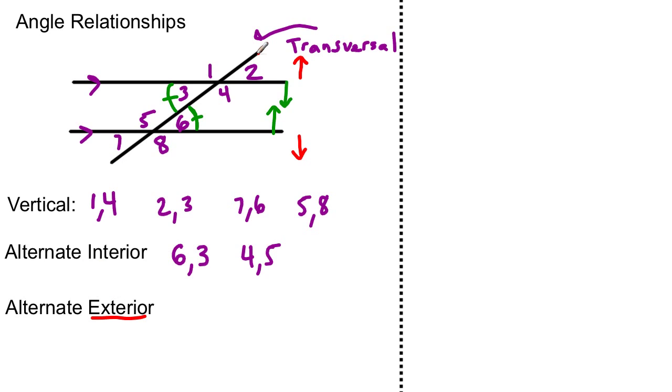So here, 2 and 7 would be alternate exterior. We can write that up as an example: 2 and 7. And then also notice 1 and 8. Okay, so that's another example, 1 and 8.